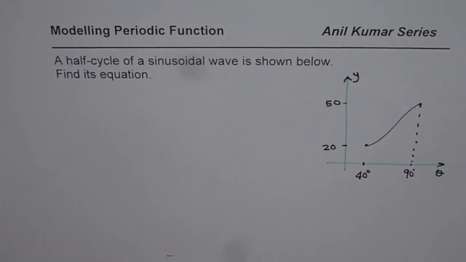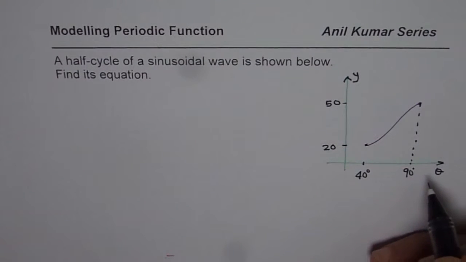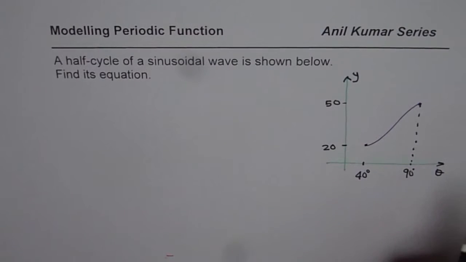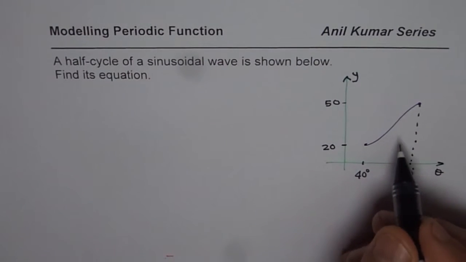So the idea here is that you can make some graph like this on your own and then practice writing equations for the same, correct? So that's the whole idea. In this case, we will write both sine and cosine functions.